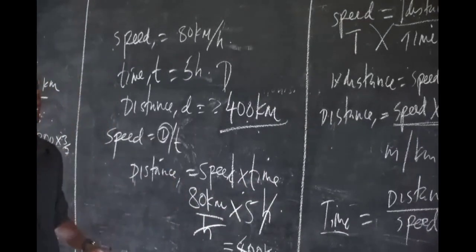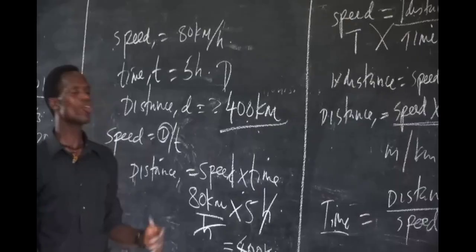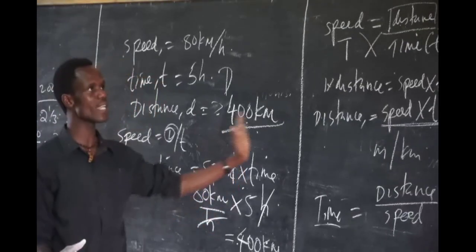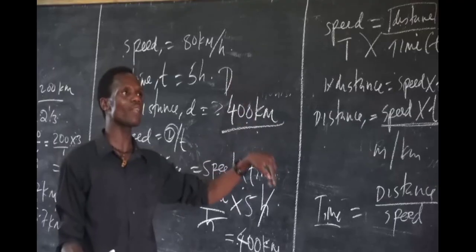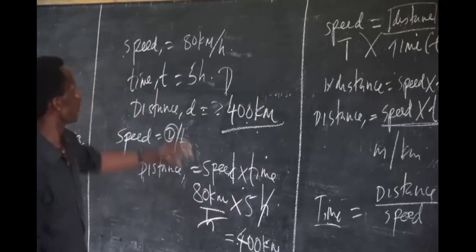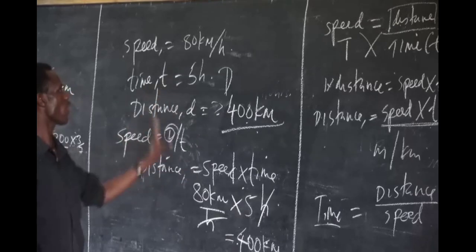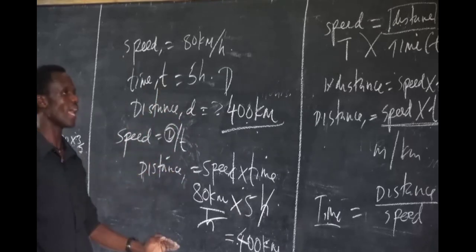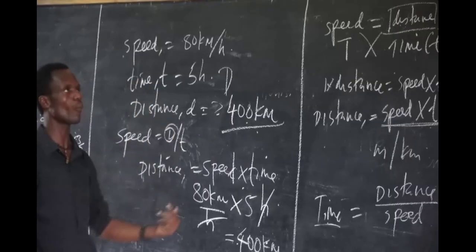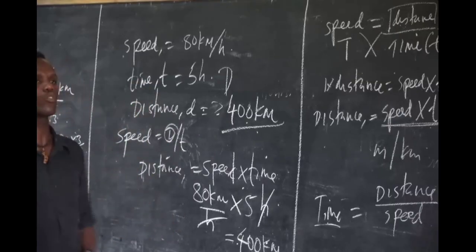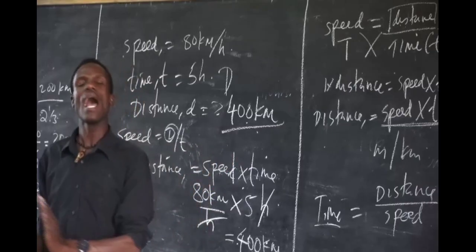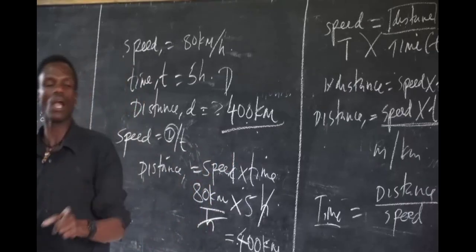And therefore, when talking about the speed, you have to know the speed is calculated after taking the distance covered, then you divide by the time that you have taken to cover that distance. And therefore, you look at the question, definitely you understand what is going to be there. We've been told what, and what is the problem to the question. Speed is always calculated by taking the distance covered and then divided by the time taken to cover that distance.